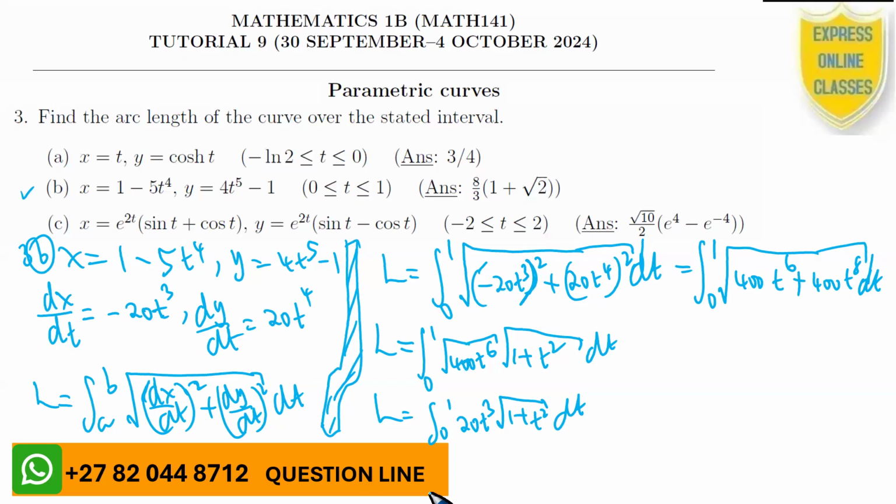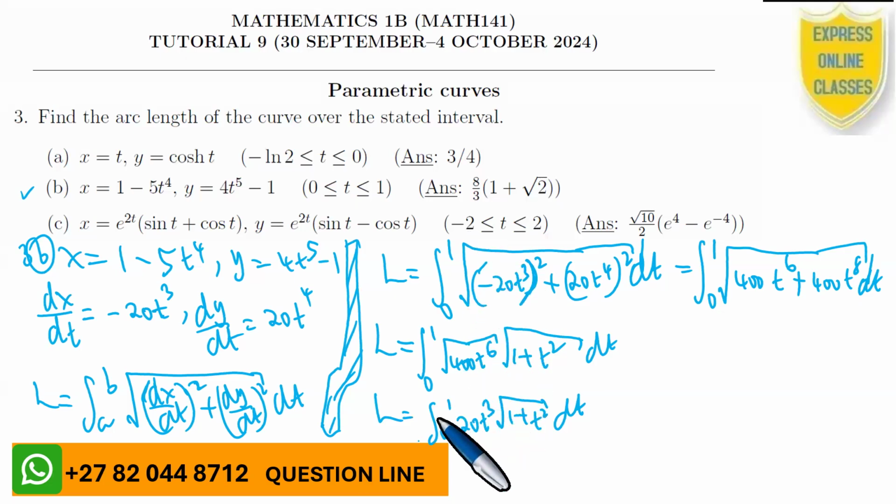What would you get for the integral here? So we ponder on this very carefully and see then what we're able to achieve.